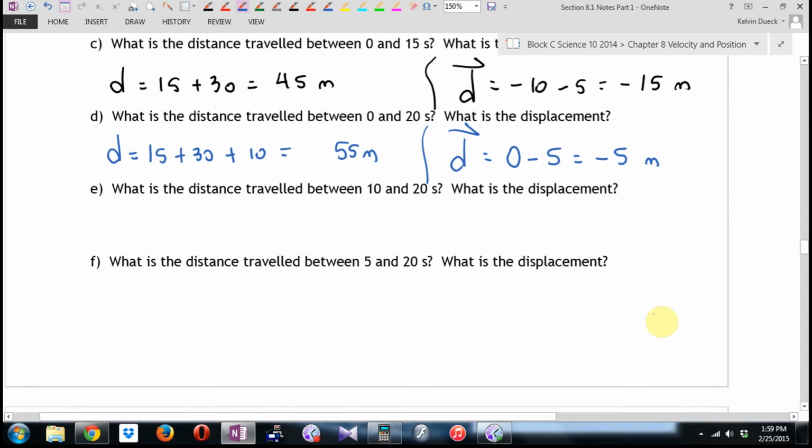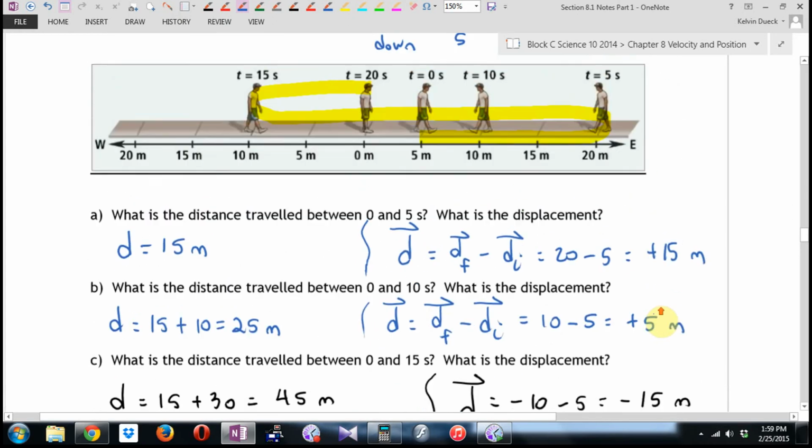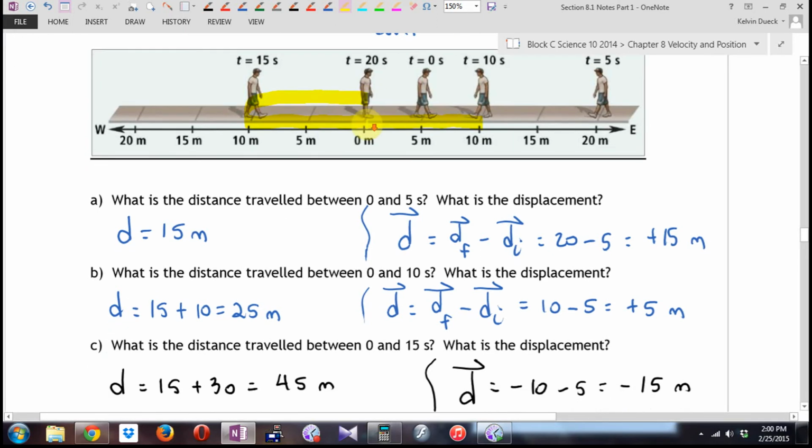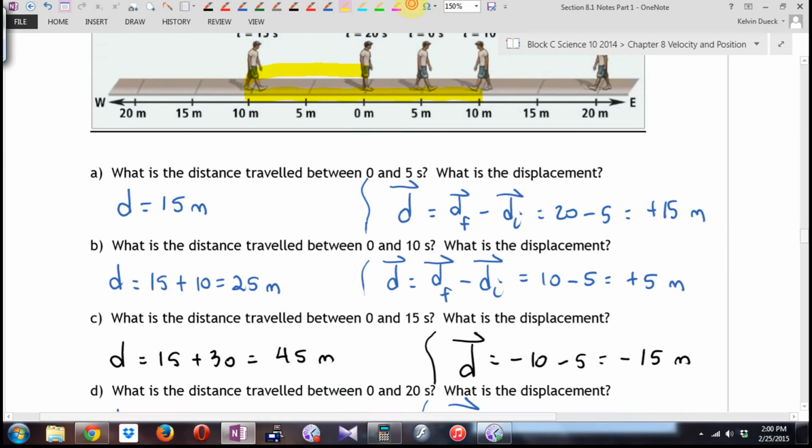A couple more and we're done. What's the distance traveled between 10 and 20? Okay. Let me erase this. Now we're starting somewhere different. Oh, starting here. Between 10, looks like I go to 15, and then I go to 20. 5, 10, 15, 20, 25.